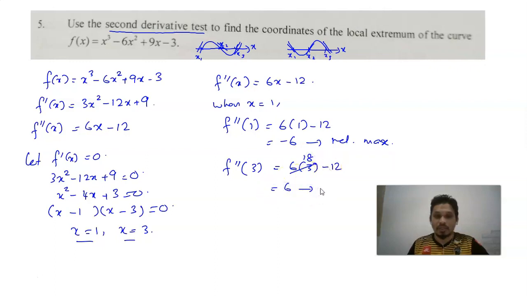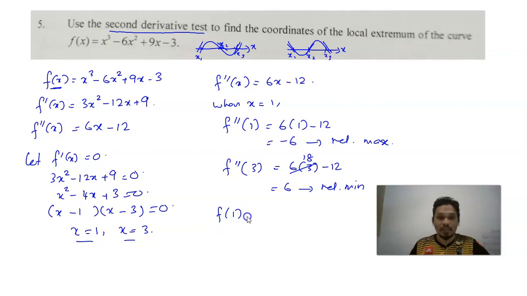So we come out with a conclusion that it is a relative minimum. Okay, so we need to find out the coordinates of the relative maximum and minimum here. Then we use the function of f of x for x, now 1 and 3 here.